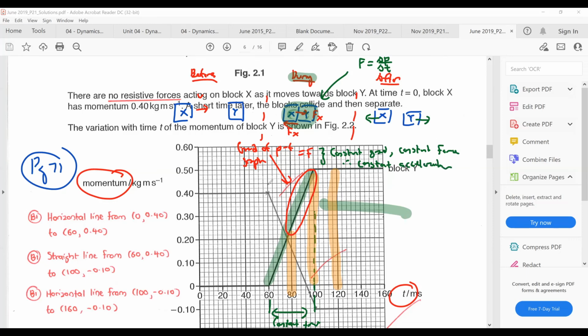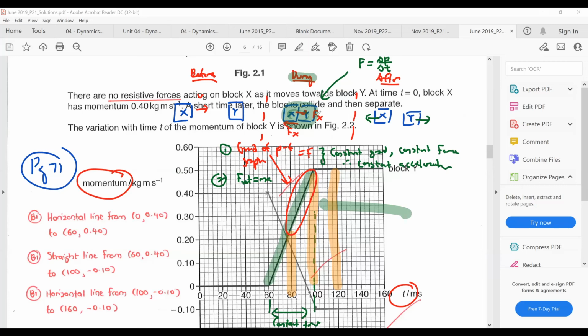Because you also know that F here will be equal to ma. I write it here, F net equals ma. These are two important facts. The gradient of your p-t graph is your F, and force is equal to ma.